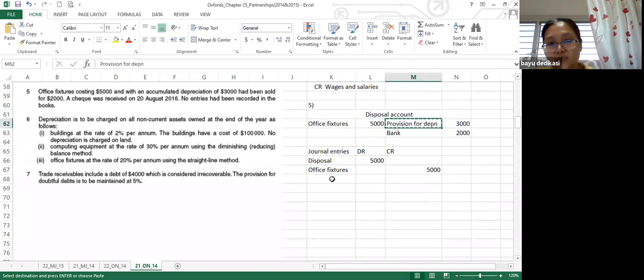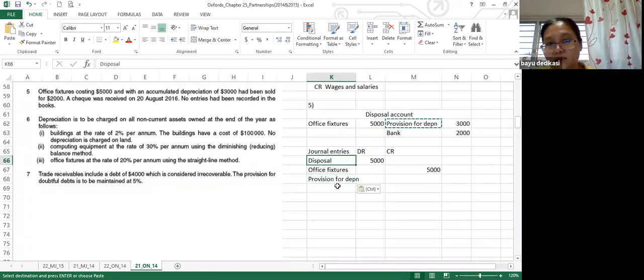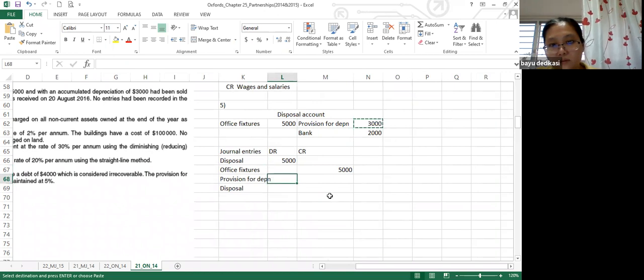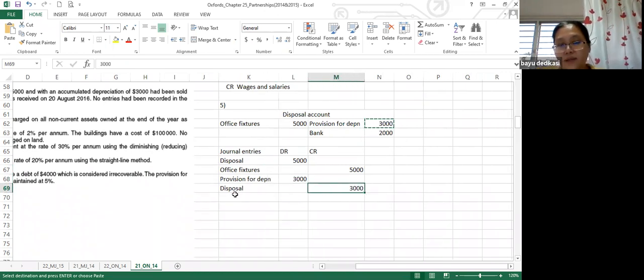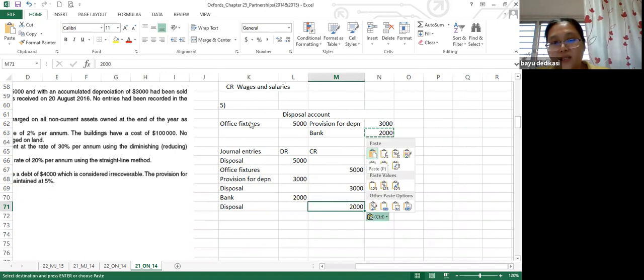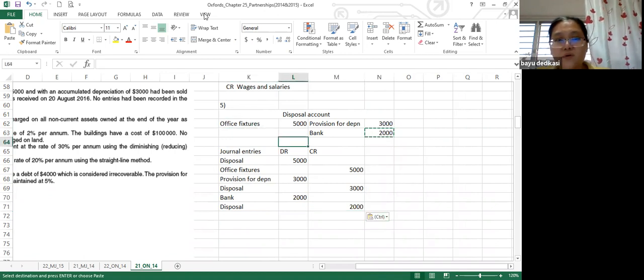Then your provision, and the amount is 3,000. So he's talking about the double entry. The next one, debit bank, credit disposal, 2,000, 2,000. Okay. Now here you notice that both sides have the same total.